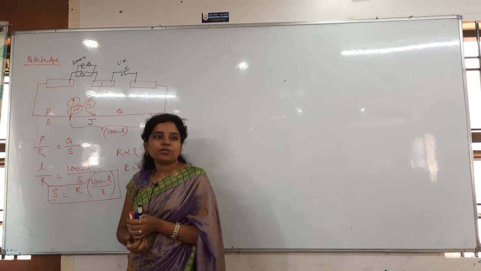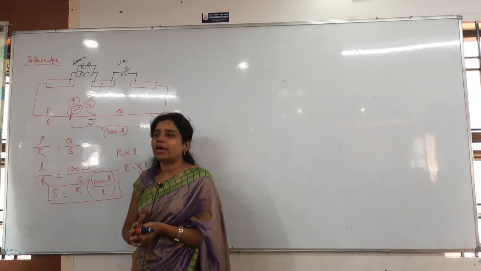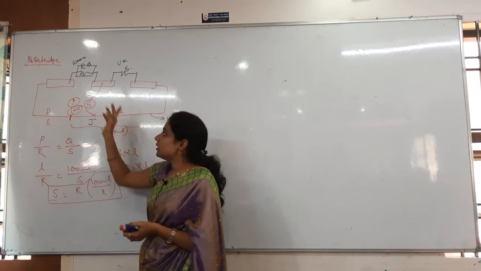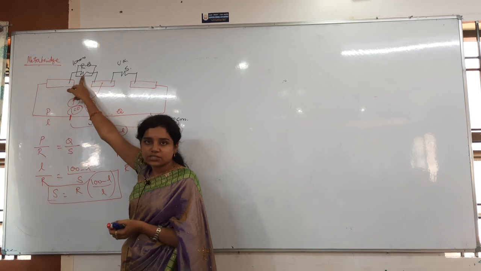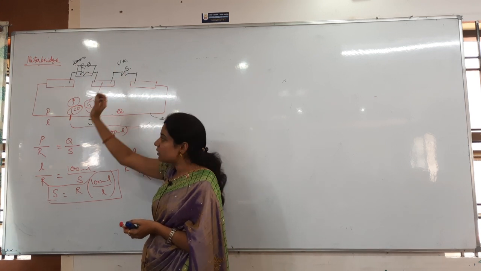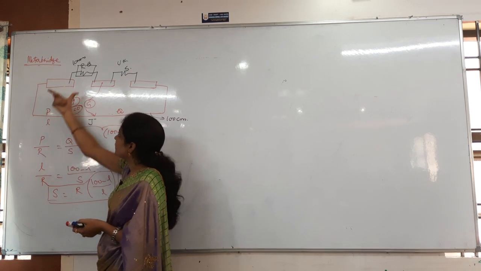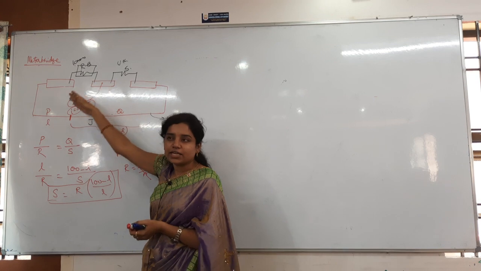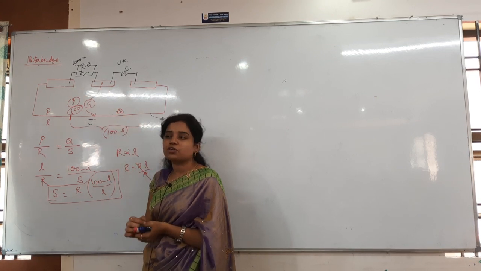Zero current in the galvanometer means the bridge is balanced, then P by Q is exactly equal to R by S. Here R is the known resistance value and S is the unknown resistance value. If you observe clearly, this is one resistor, two, three, four, and in between another resistor. Which circuit is this? The Wheatstone bridge only.